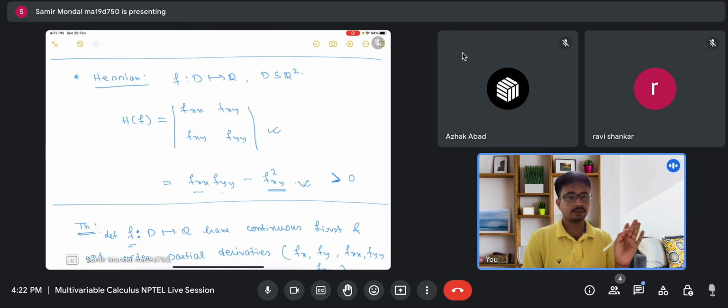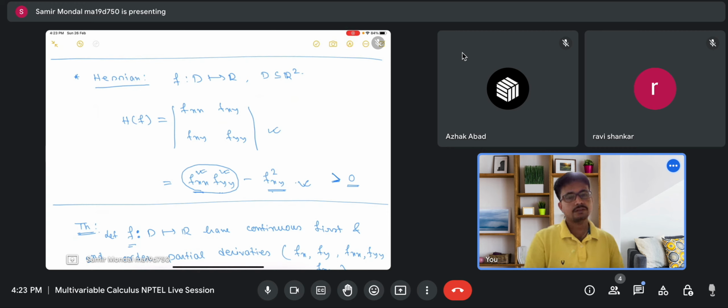For the full quantity to be positive, these two different quantities must have the same sign.